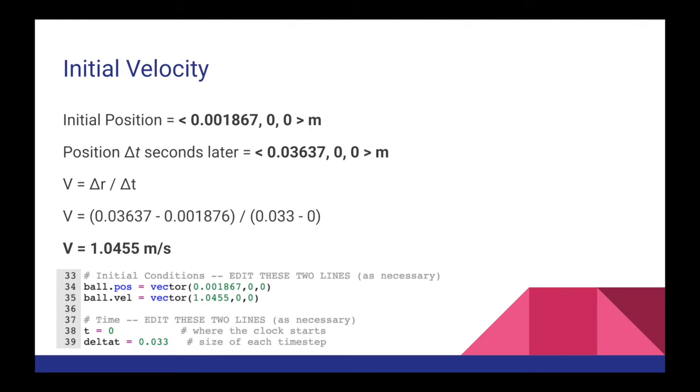Using these two data points, we can find the initial velocity to be 1.0455 meters per second, as we took the difference of the x components of the two position vectors and divided them by the change in time, which in this case is 0.033 seconds. The initial velocity, as well as position and time, are shown inputted into our GlowScript code on screen.